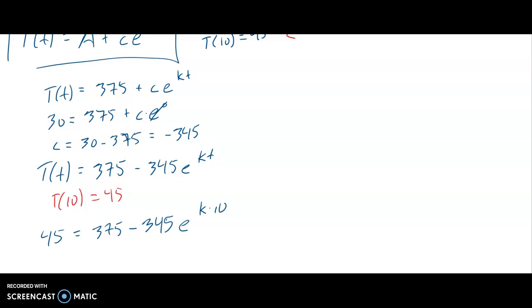So from here, I'll work through this one. What I'm going to do is subtract 375 from both sides. That gives me 45 minus 375, which is negative 330, equals negative 345 e to the k times 10. And then from there, I've got to divide by negative 345.